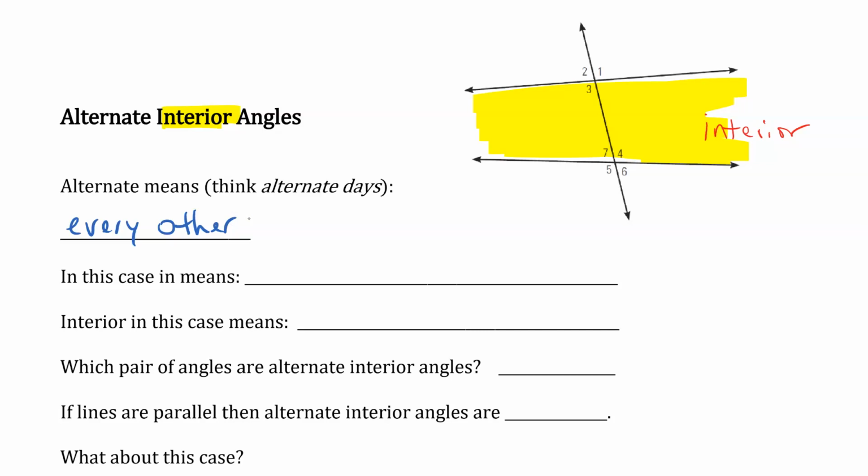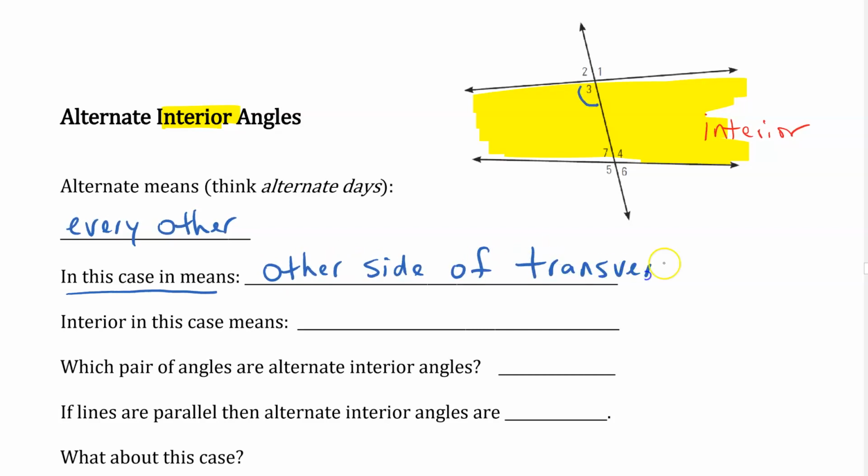So in this case, let me see. Alternate interior angles. Here would be one example. Angle 3 is an interior angle. And an alternate interior means on the other side of the transversal. So this is the transversal.